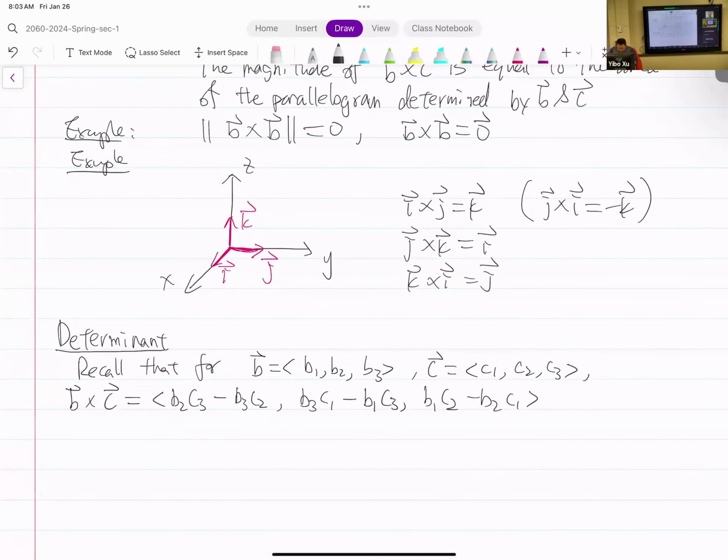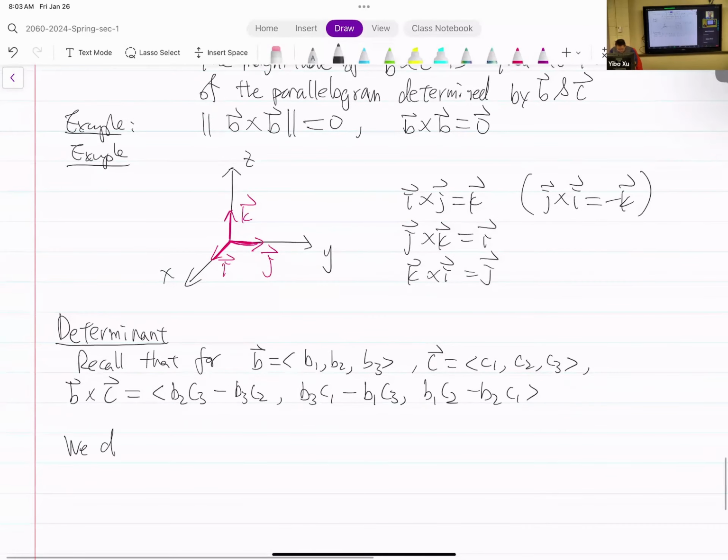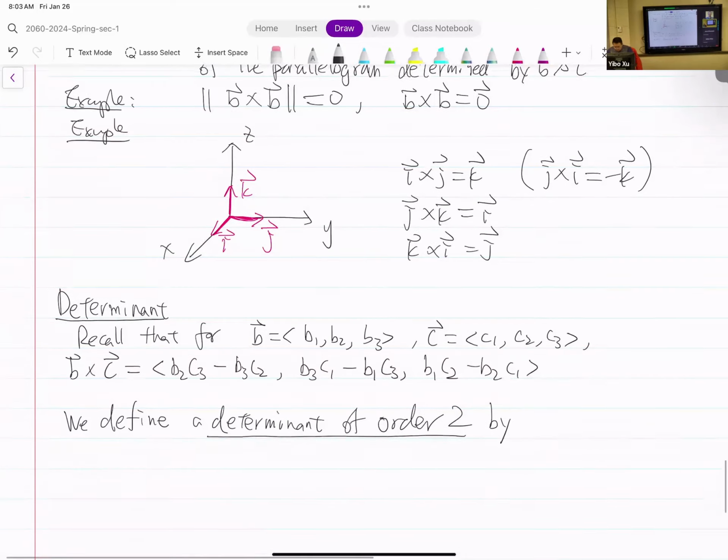Okay. But now here we define something else. We define a determinant of order 2 as follows.